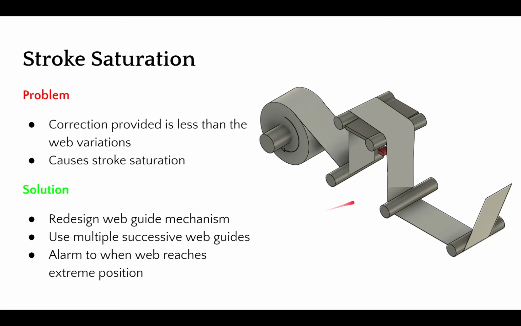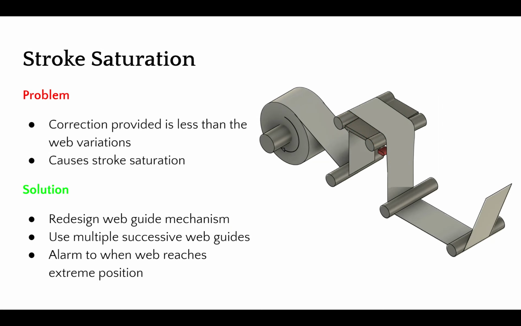Well, the only thing that you can do is actually redesign the web guide. If you remember from our last month's presentation, the correction from a displacement guide is a function of the guide span. So if you need larger correction, the guide span needs to be larger. Sometimes it may not be possible to do that because of space limitations.